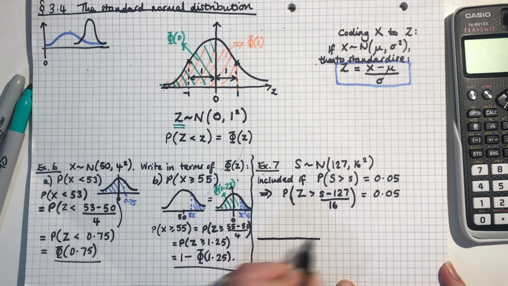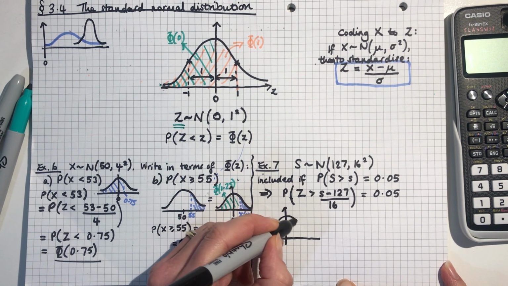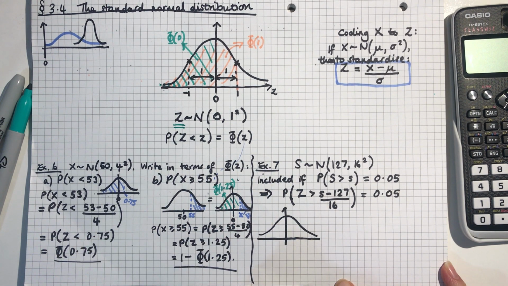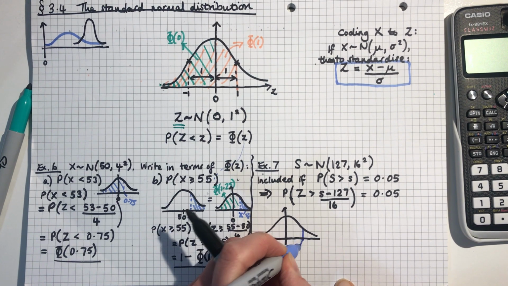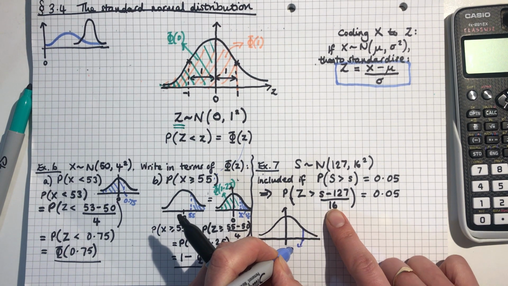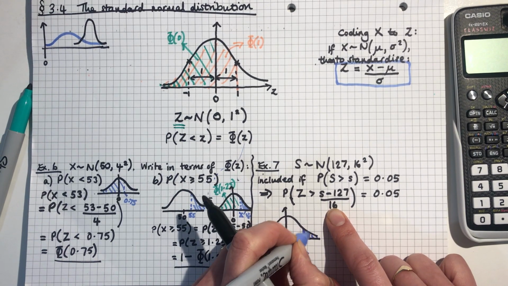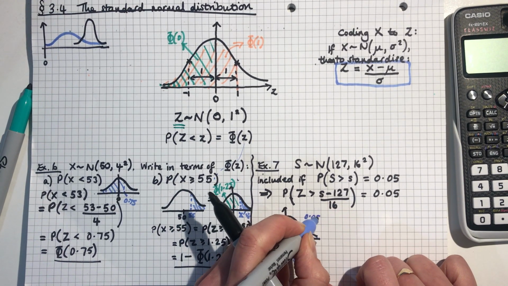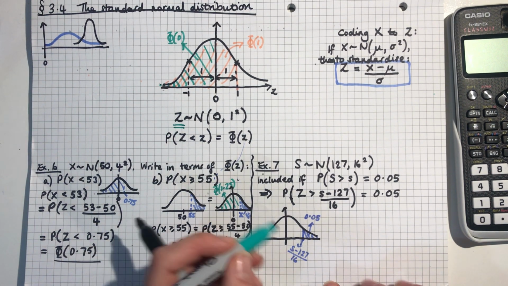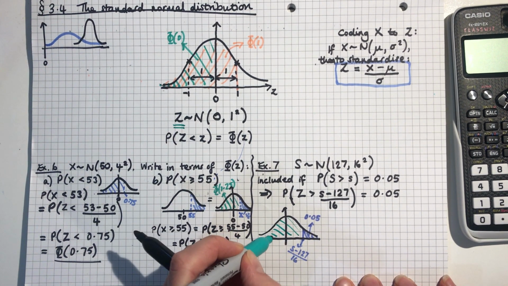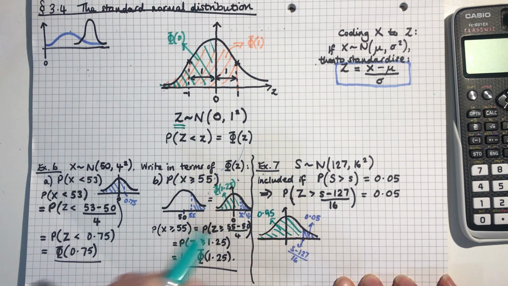On my standard normal distribution, going through 0, we have the chance of being greater than the value that we've called s minus 127 over 16. That chance is 0.05. Now what that means is the chance of being less than it, of course, is 0.95 because we're dealing with the 95th percentile.